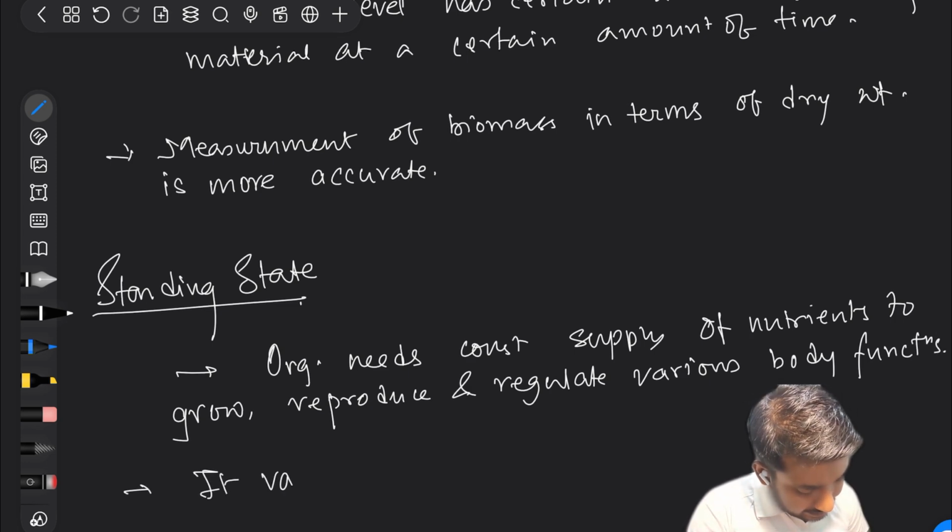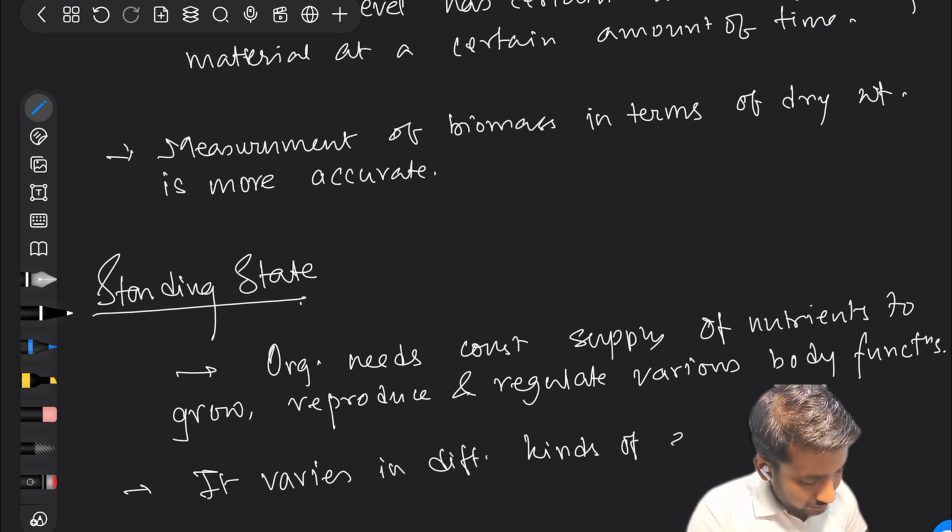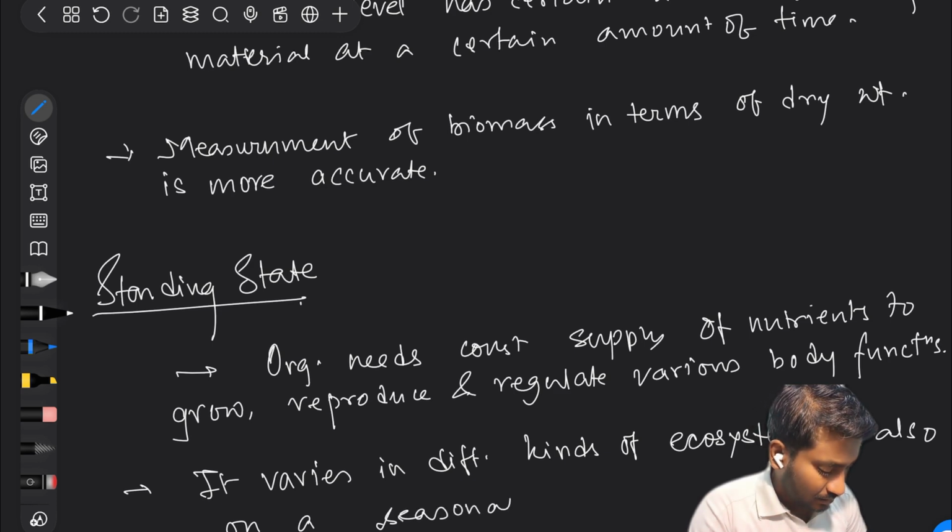It also varies in different kinds of ecosystems and also on a seasonal basis.